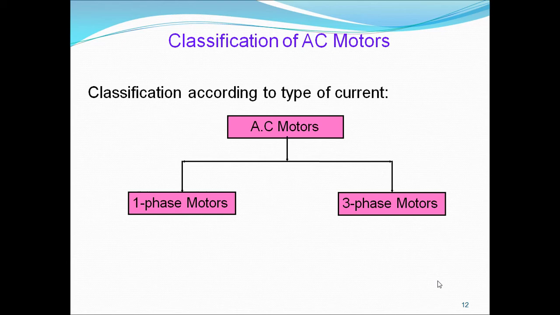In single phase, it is 230 volts only. So in a three phase motor we have R, Y, B, and between R and Y, Y and B, and B and R, all have 440 volts supply. That is the three phase supply for delta connection.